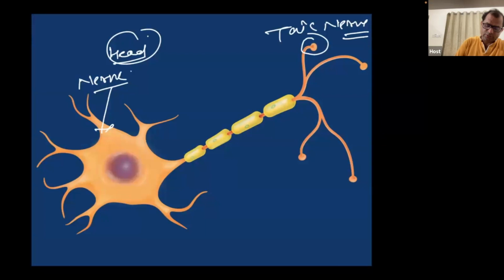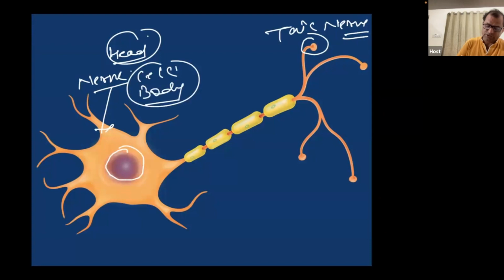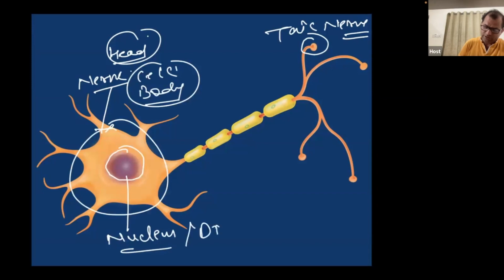The head of the nerve is called the cell body. We can see in the cell body, we have the nucleus. So the cell body is having the nucleus, the cell body is having DNA, and the cell body is the prime controller.